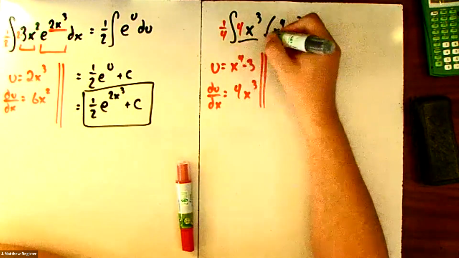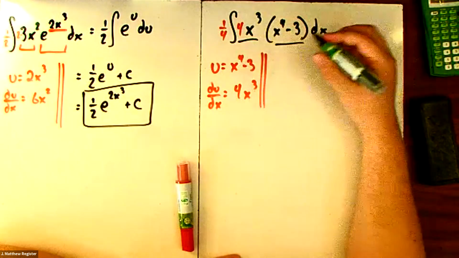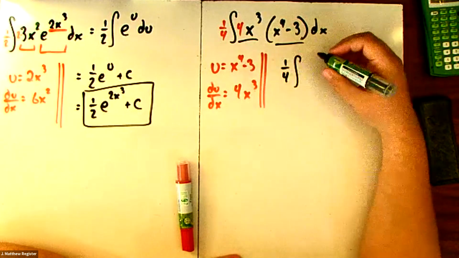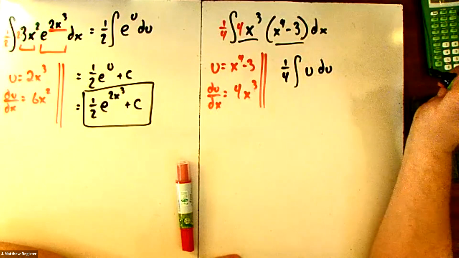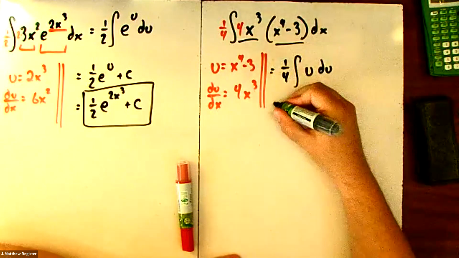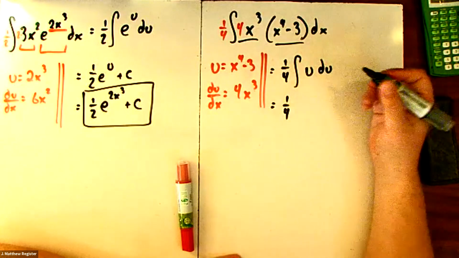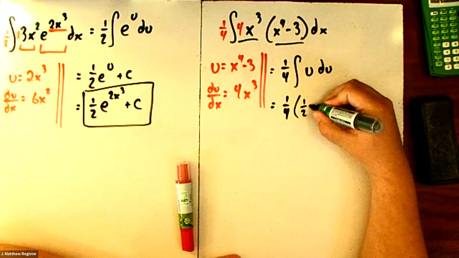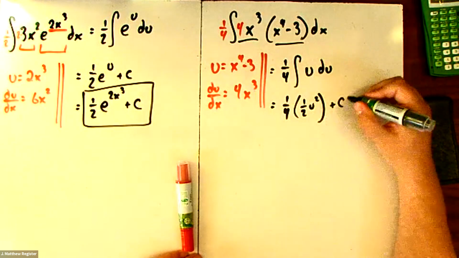Well, this becomes our du dx. This is just u. And so we could say that this is 1/4 of the integral of u du, which would be 1/4 of 1/2 of u squared plus c.